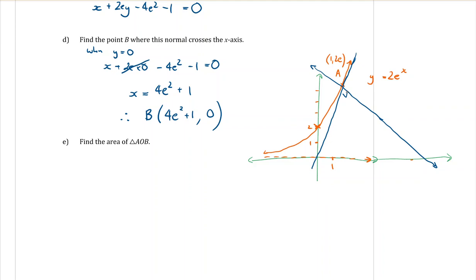And that normal crosses the x-axis. We found this at what point? It was the point B, which was 4e squared plus 1 comma 0. That was the coordinates of B, right? So those are all the things that we found.